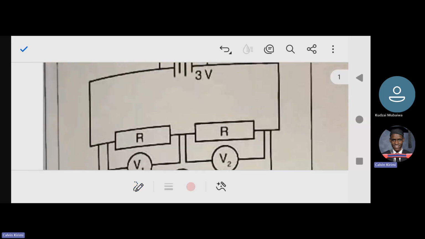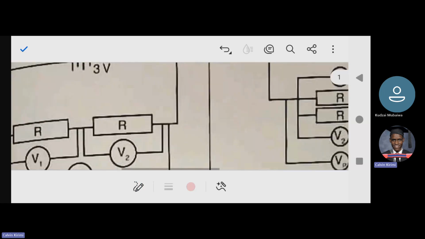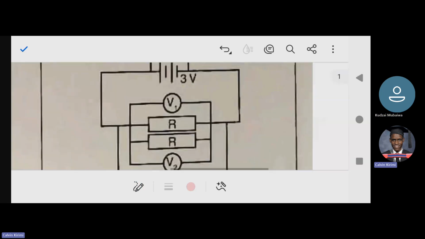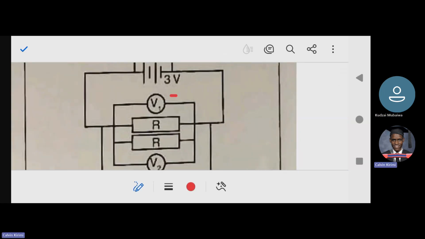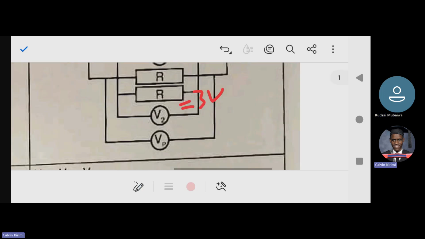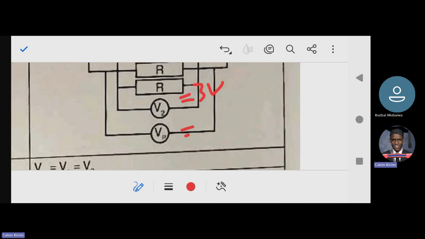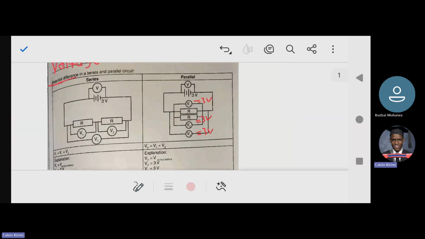Here we found that V1 and V2, this is 3 volts, and this one is 3 volts, and this one is also 3 volts. Why? Because all the resistors are in parallel. So that's why all the readings are just the same.